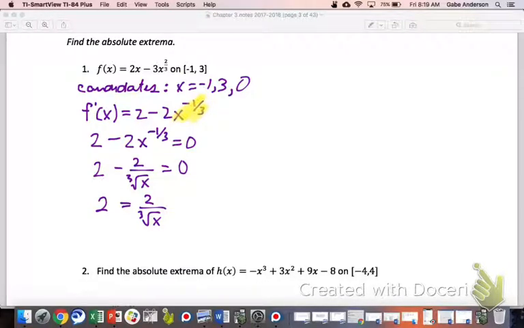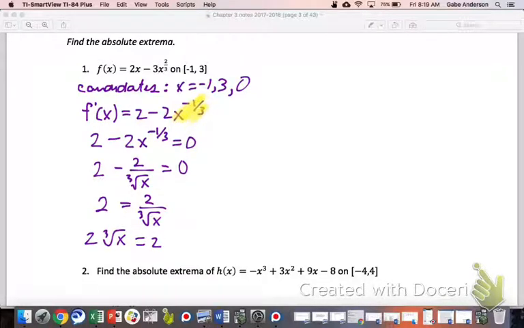But I'm not fine if you look at that and you're like, I have no idea how to do the algebra. How do you get an x out of a denominator in an equation like this? Multiply both sides by the cube root of x, essentially cross multiply. So you'd get 2 times the cube root of x equals 2. And now, doesn't it become a little more apparent?